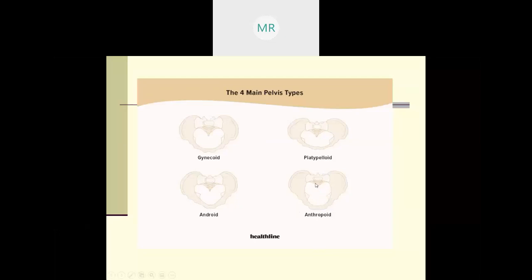There's a lot of space over here, as you could see, so the babies are what we call sunny side up. We're going to talk about the baby's positions in a minute. This is very common for OP position, occiput posterior. So they're really sunny side up, and we're going to talk about that in a minute.